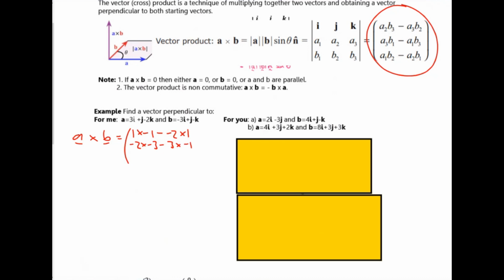And then A1 is 3, B2 is 1, minus A2 is 1, and B1 is minus 3. Just stick all those numbers in, work this out, so I get minus 1 plus 2 gives me 1. I've got 6 plus 3, so I get 9. And I've got 3 plus 3, so I've got 6. So this vector 1, 9, 6 is perpendicular to both these vectors A and B.